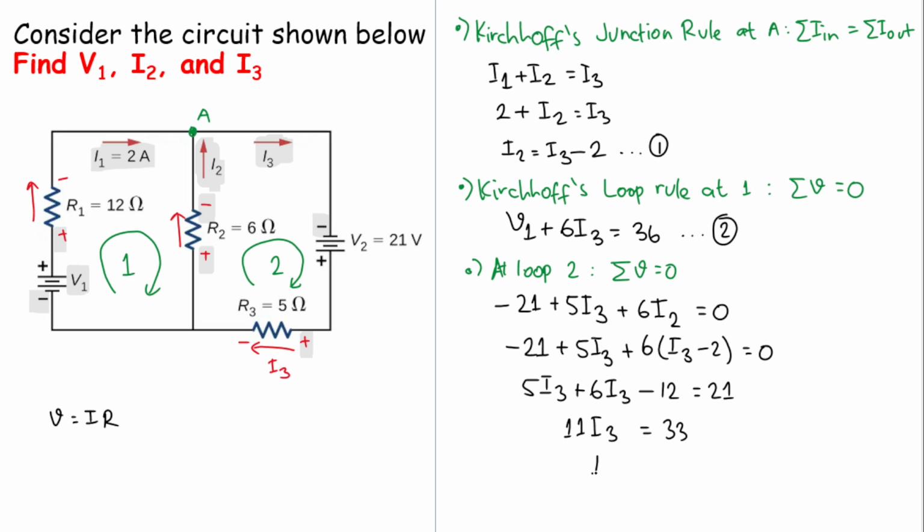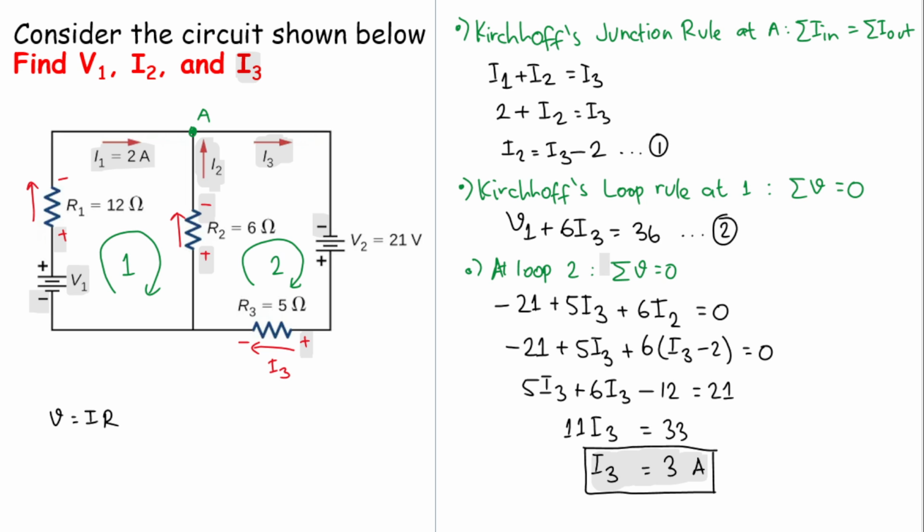So we will have I3 here. What is I3? I3 is 33 divided by 11. So I will have I3 is 3 ampere. And we have one of the most important values, right? I3 is equal to 3 ampere here. And we found our first answer.